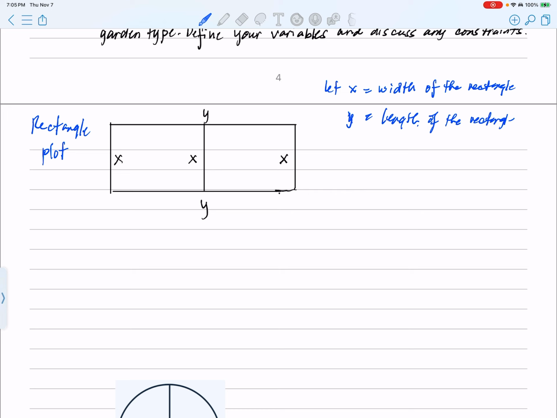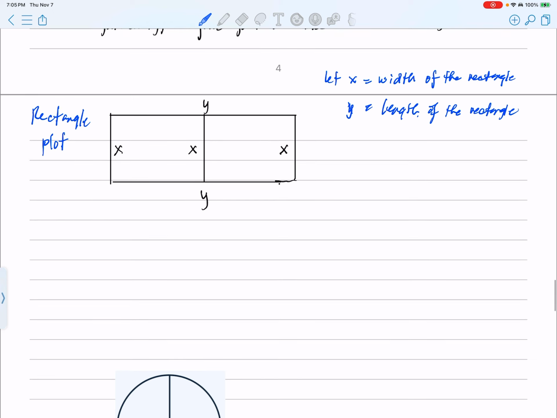Then the equation of the perimeter is the sum of all the lengths of the sides, around the outside and inside. So that means we have 3x, this length, so the perimeter would be 3x plus 2y.